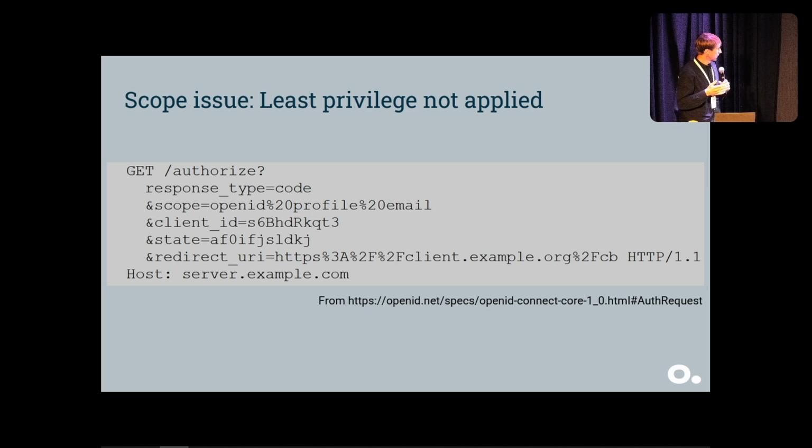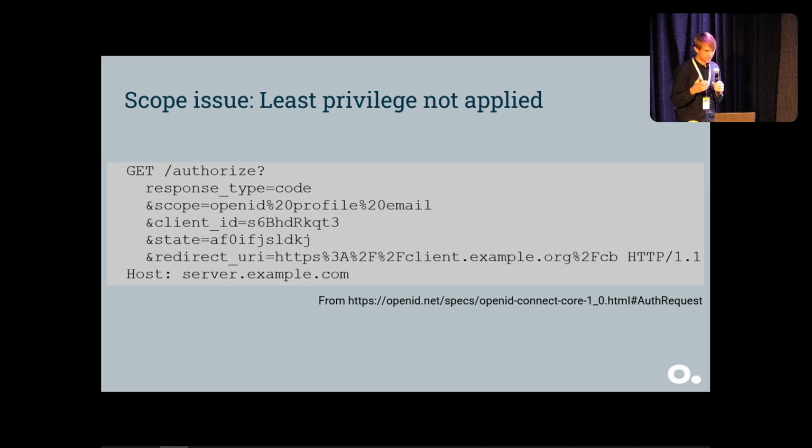We have done a lot of security, and it's quite easy to forget that no matter what we do, the attacker would always control this and can change this. But state, redirect URI, client ID, they are all validated, and it will be a bad request if the attacker changes anything here. But the scope here, that's by design. The attacker, or the user, can add any scope that the client has access to.